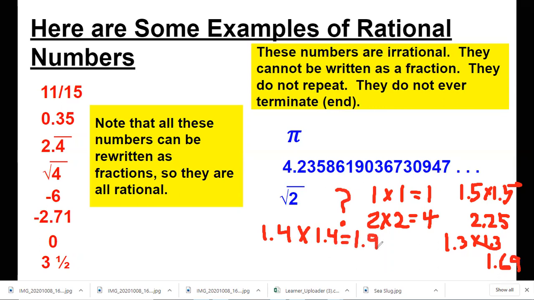So you say, oh, well, maybe I could get a little closer if I did like 1.43 times 1.43. What would that give me? That's going to get me closer to 2, right? Eventually, I'm going to get there, right? So let's see. What does 1.43 times 1.43 give you? That gives you 2.0449.